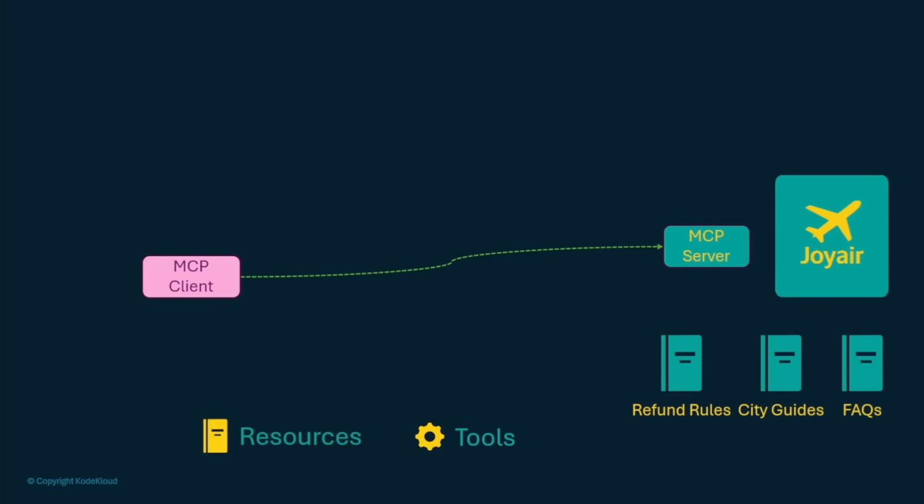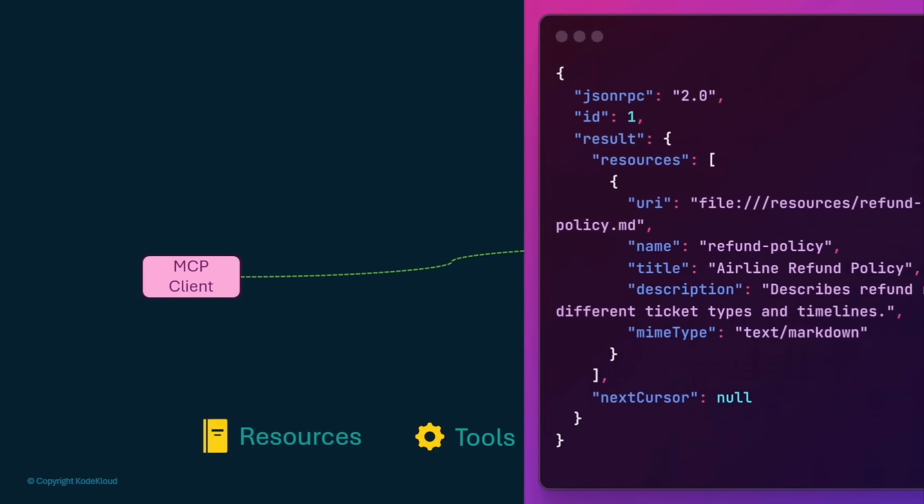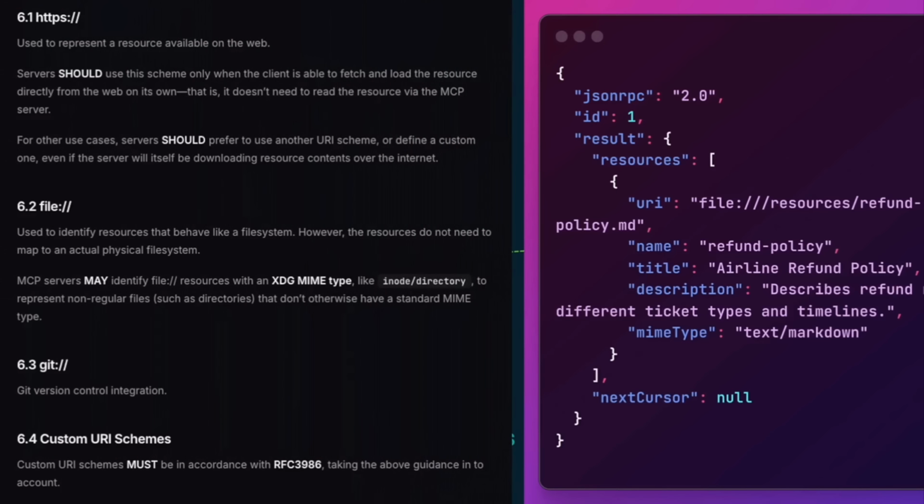The MCP specification has a clearly defined structure to define resources. The resources should have a URI that points to the resource, a name, title, and a description that defines what this resource does. The URI could be HTTPS that points to a resource on the web, or a file that's located on the file system, or a location of a Git repository.